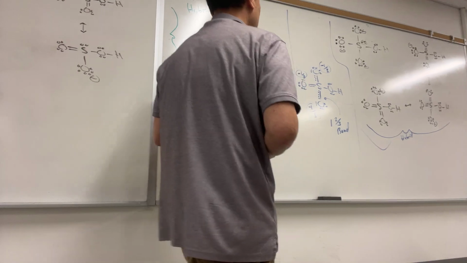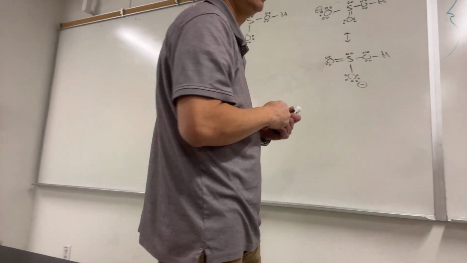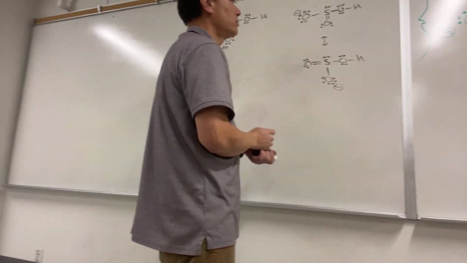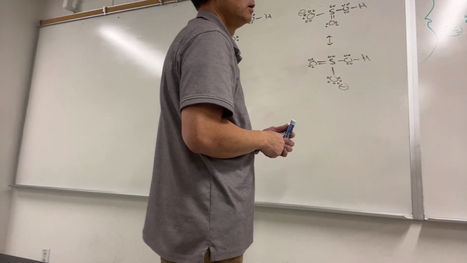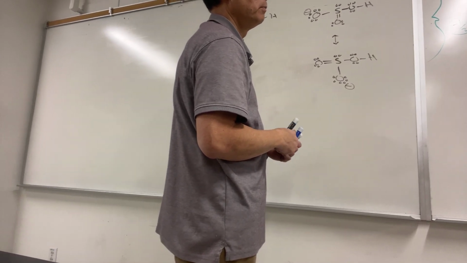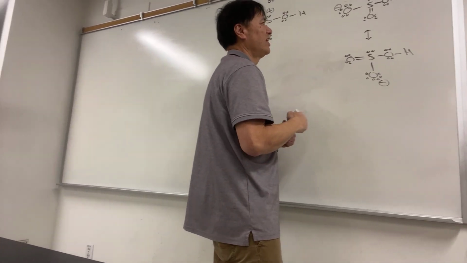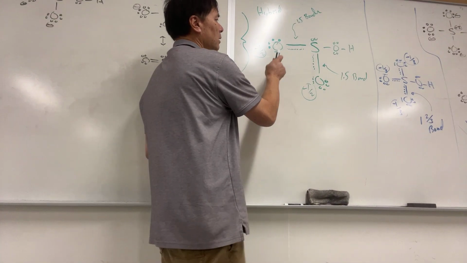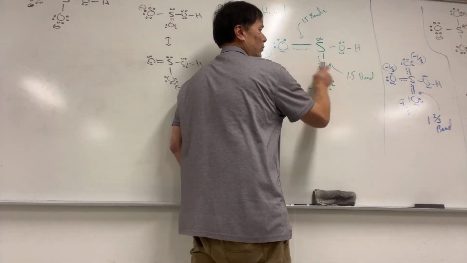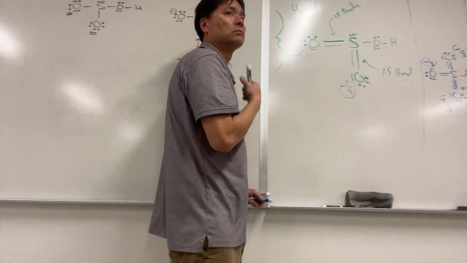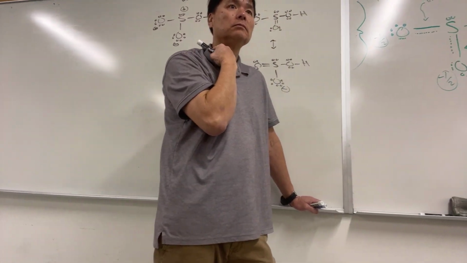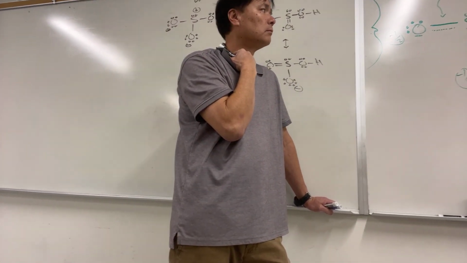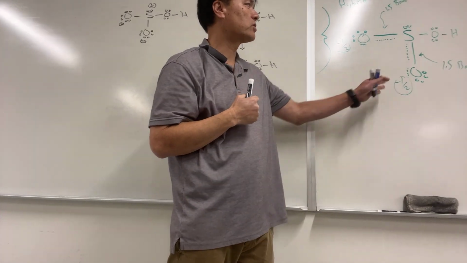So when we do the double bonds and we reduce it to minimal formal charge, then it's easy to compare. Which one's more basic? Which one is a stronger base?